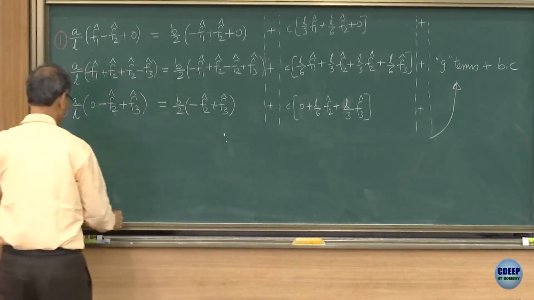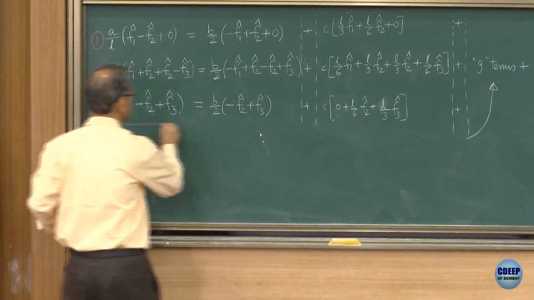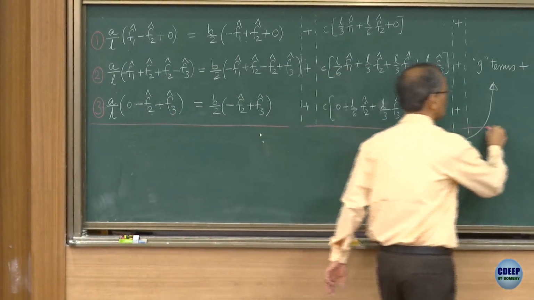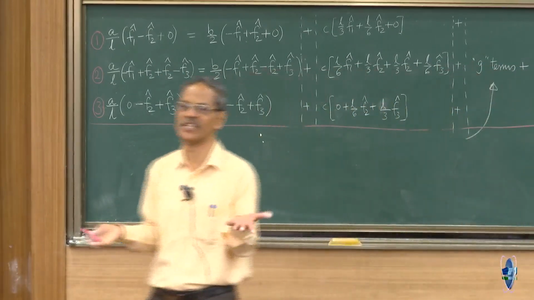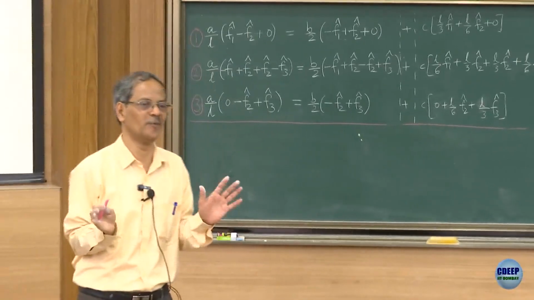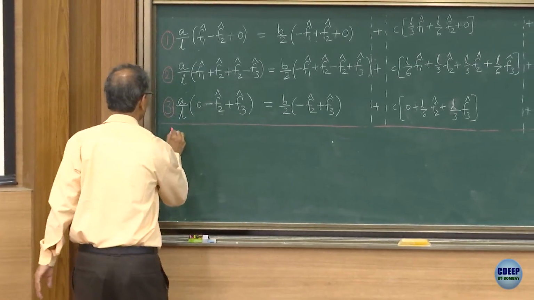So what I am going to do is to write these three equations in the form of a 3 by 3 matrix: 3 unknowns, 3 algebraic equations. So I can write it as a 3 by 3 matrix, right? So I am going to do that. So see what I am going to do.